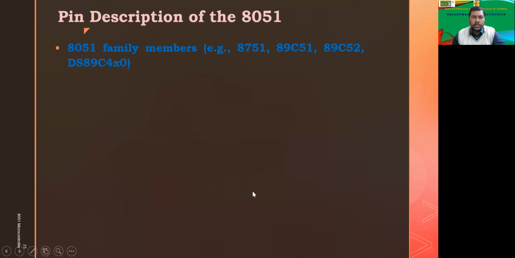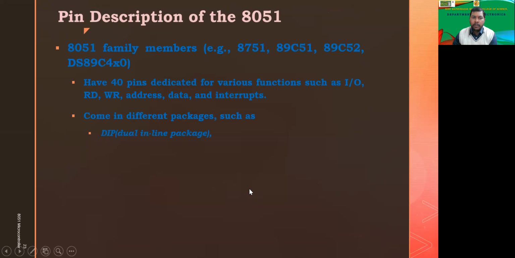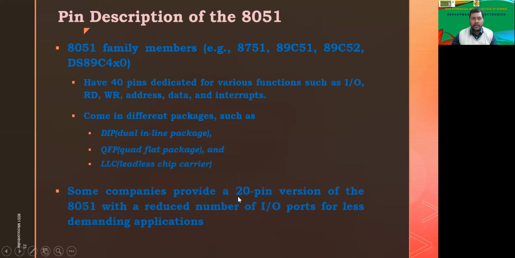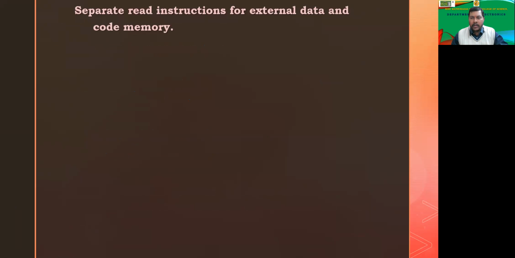Then pin description of 8051. The 8051 family has a 40 pin dual inline package. We also have some more packages, that is quad flat package and leadless chip carrier. Some have no leads, just points. In dual inline package, pins come out of the IC as shown over here.